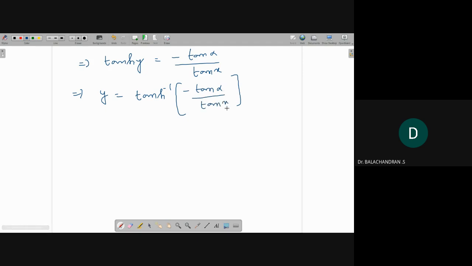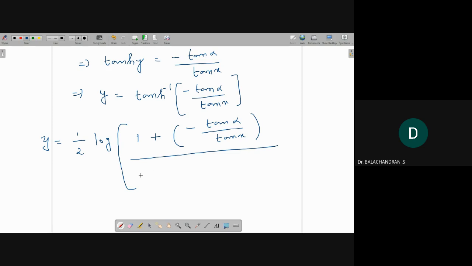This is of the form tanh inverse of x. So now you should use the formula tanh inverse of x is 1 by 2 log of 1 plus x divided by 1 minus x, where x is minus tan alpha divided by tan x.